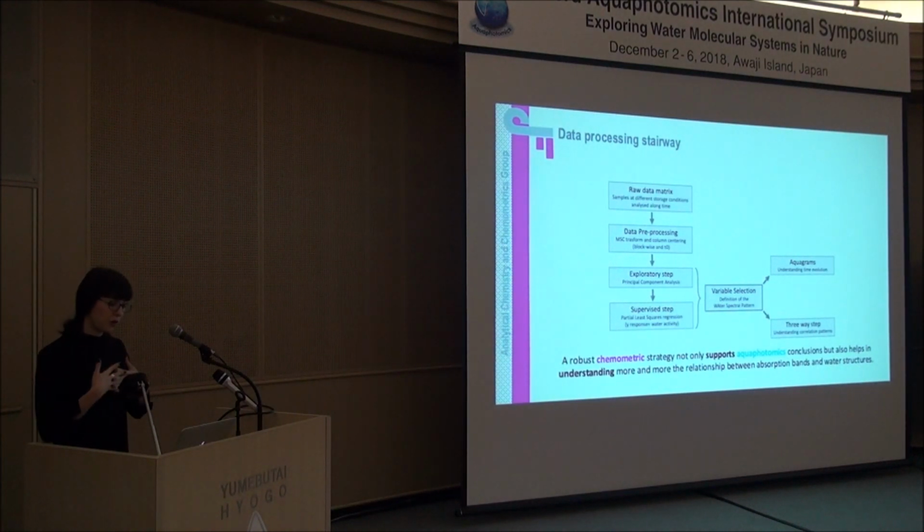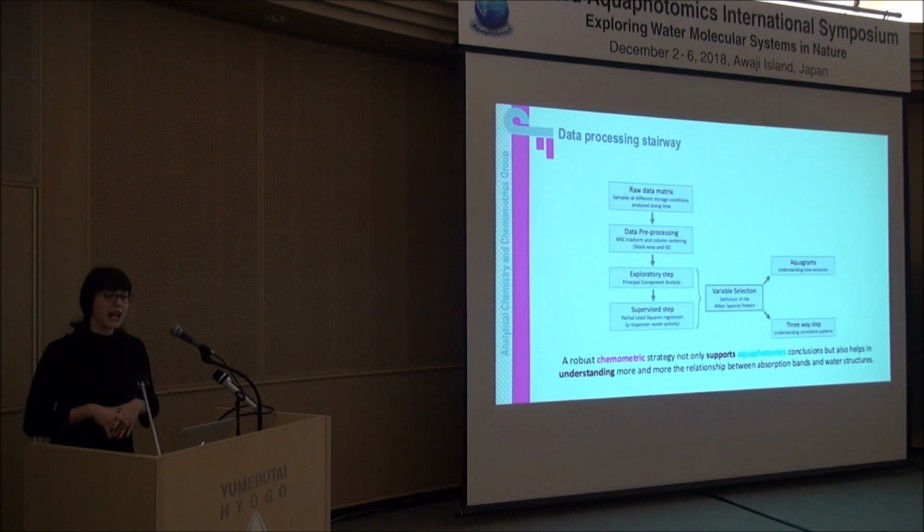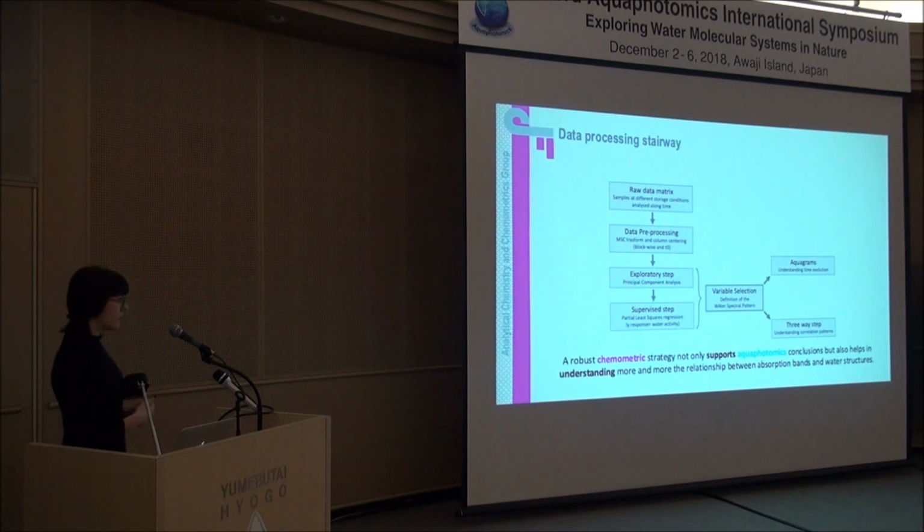From this, we perform data pre-processing according to the normal flow sheet of Aquaphotomics. We perform MSC, multiplicative scatter correction, on our data, and two types of centering that I will show you later. We then perform an exploratory step, of course, with principal component analysis, and a supervised step with partial least square regression.